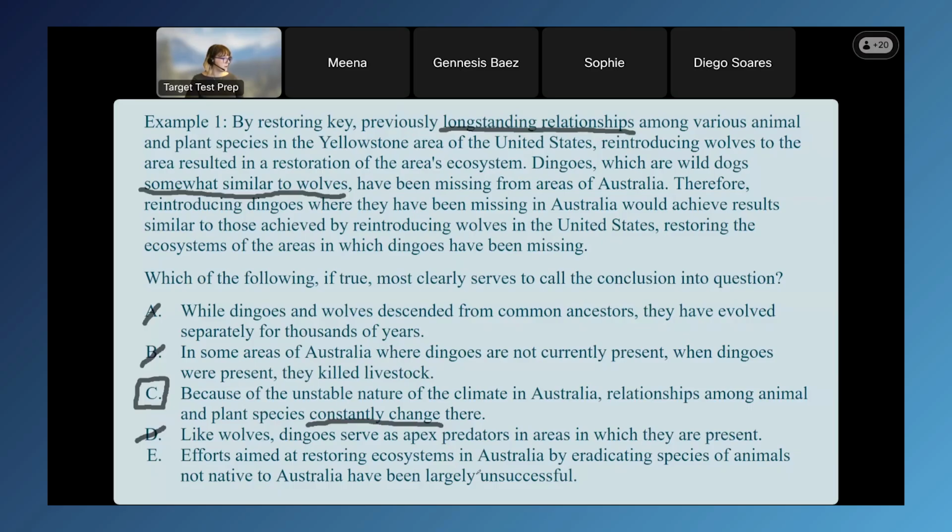So this is talking about eradicating species, which is the opposite of reintroducing species to me, and of animals not native to Australia, which is the opposite of the dingoes, which I believe are native to Australia. Maybe we don't know that. Well, we don't know about the nativity, but eradicating species is not the same as reintroducing species that have been missing, so that isn't talking about what we're talking about at all.